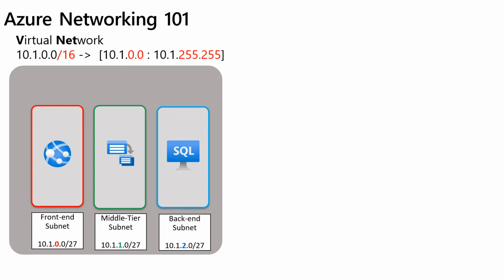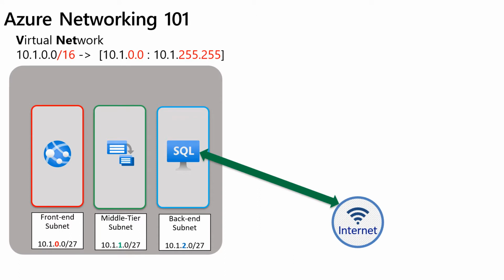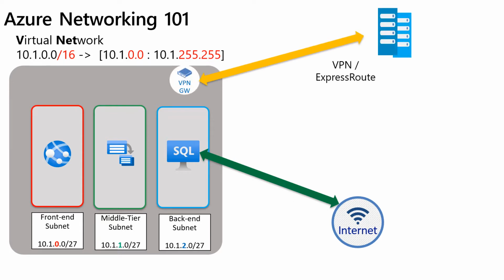That's how you can group IP addresses based on their function. And then the question is, how can you connect to this? Typically you can connect directly over the internet, or you can connect using VPN or ExpressRoute.